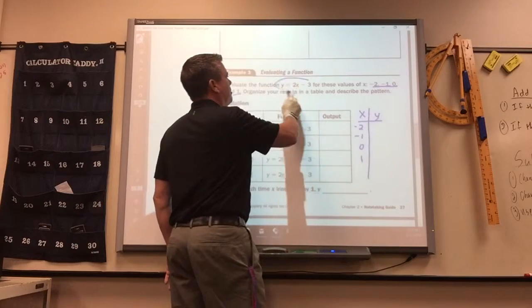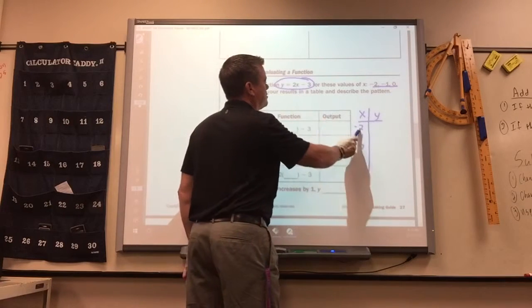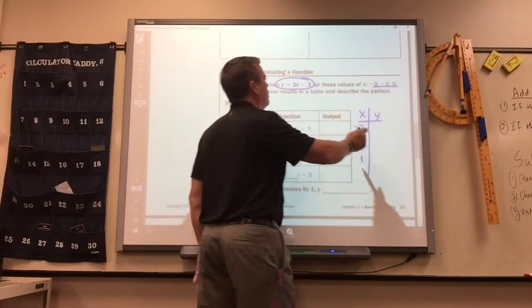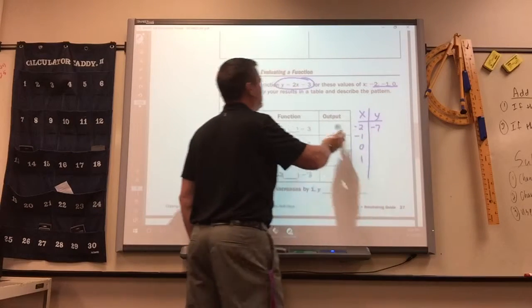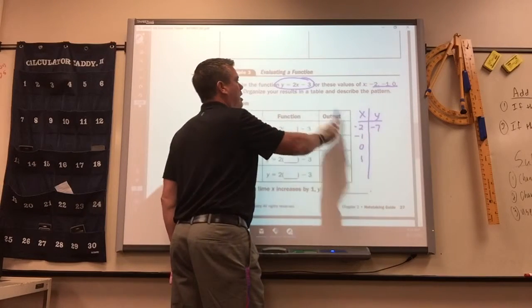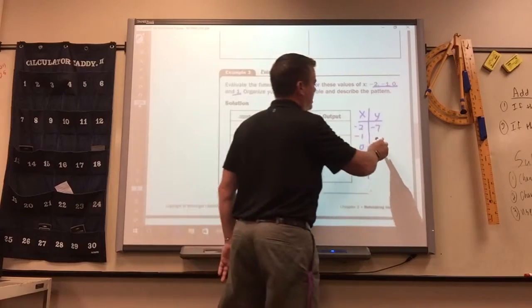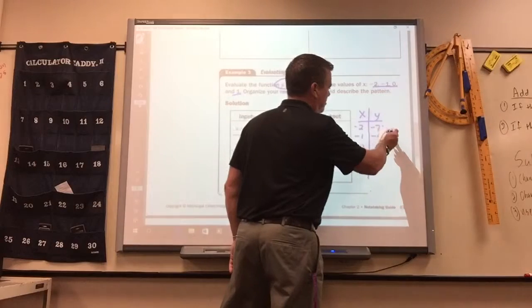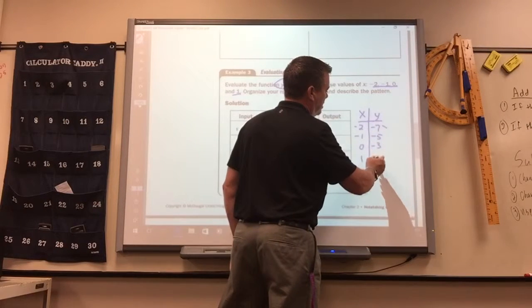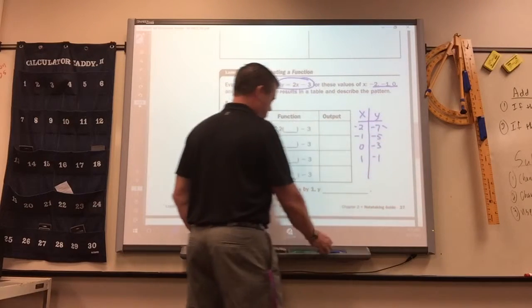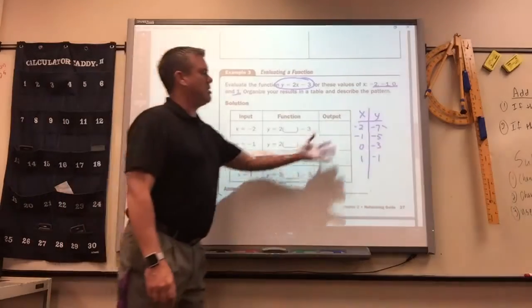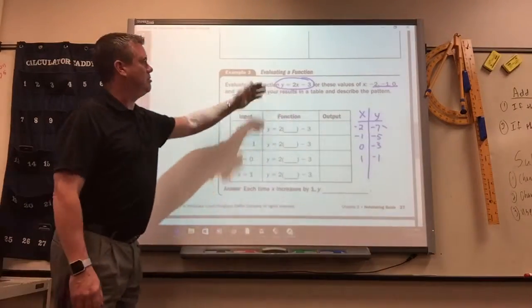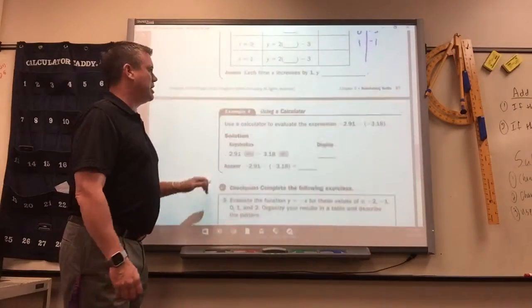And then here's the problem. 2 times -2 is -4. Take away 3 is -7. 2 times -1 is -2. Take away 3 is -5. Do you see the pattern already? Plus 2 each time. So this would be -3 and -1. So again, it's doing stuff we've done before. It's just now making sure you know the subtract rules.